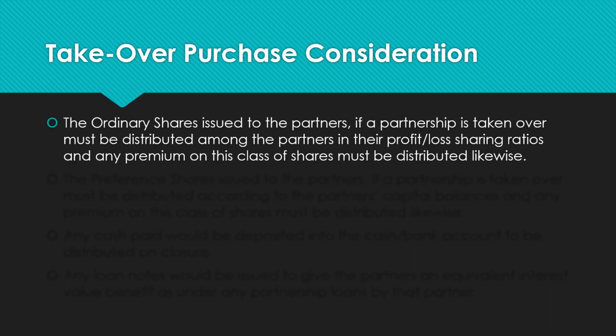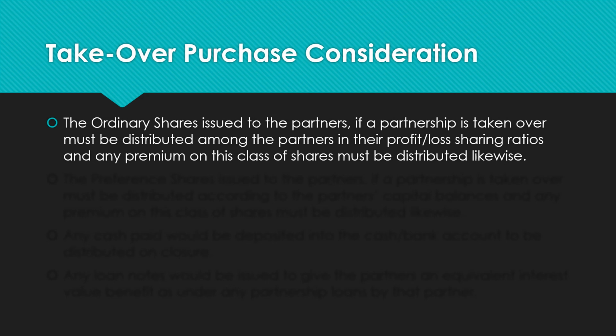Let's say that business A is taking over the partnership of X and Y, and they decide that they're going to issue ordinary shares to the partners. Then the value of those shares must be distributed among the partners in their profit and loss sharing ratio.